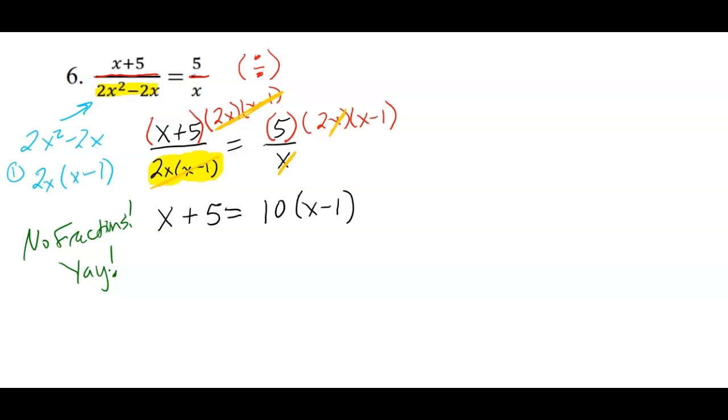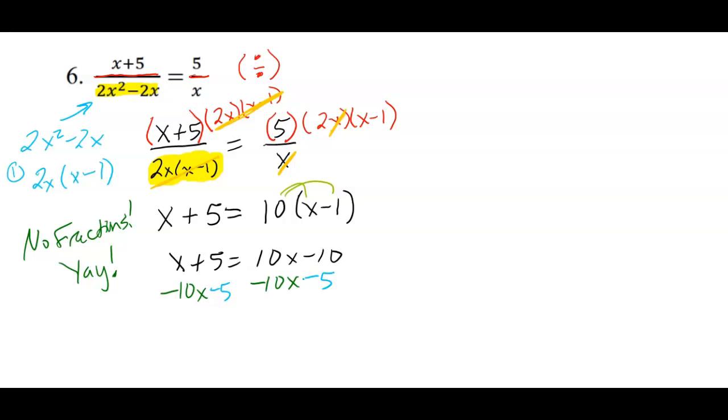So distributing through on the 10, I'm going to get x plus 5 equals 10x minus 10. Variables on one side, numbers on the other. I'm going to get that by subtracting 10x on both sides, and at the same time subtracting 5 on both sides.